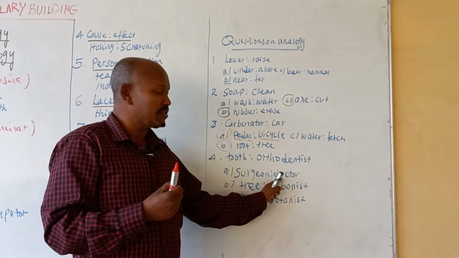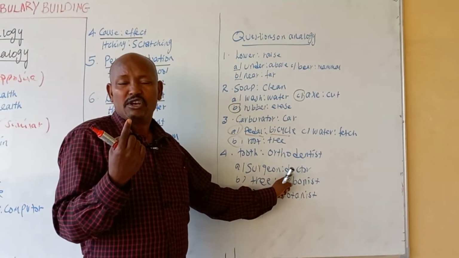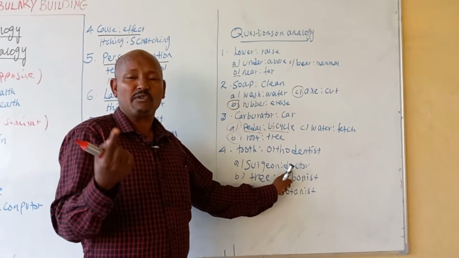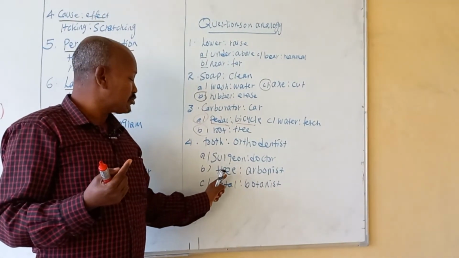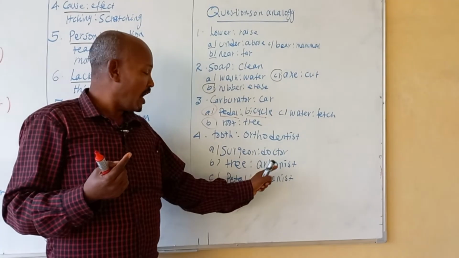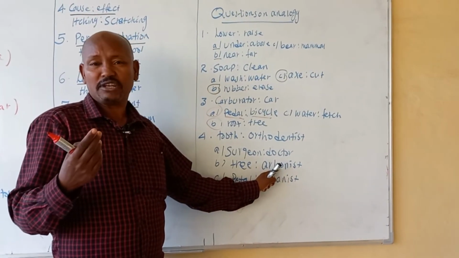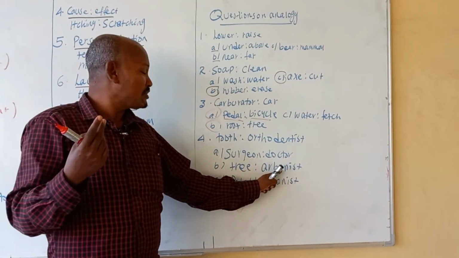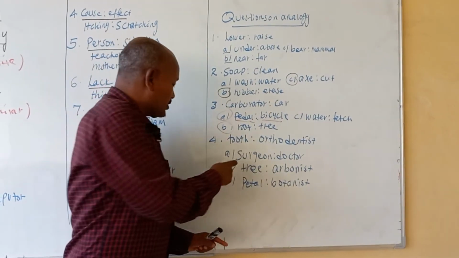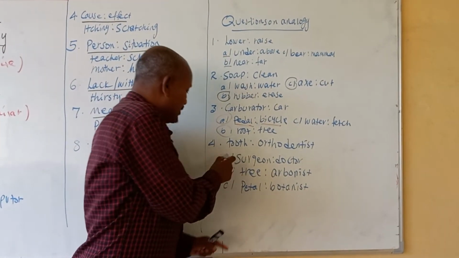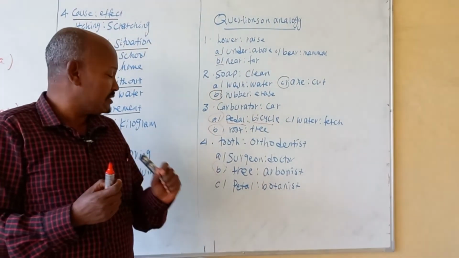So this is total, not particular. So this pair of words doesn't correlate with tooth and orthodontist. And the other one, tree arborist. An arborist is a person who takes care of trees, which is a particular function, a particular purpose. So this is the right pair with tooth and orthodontist.